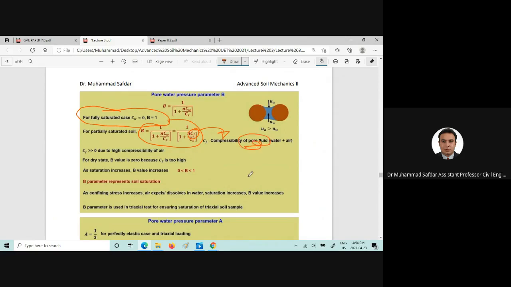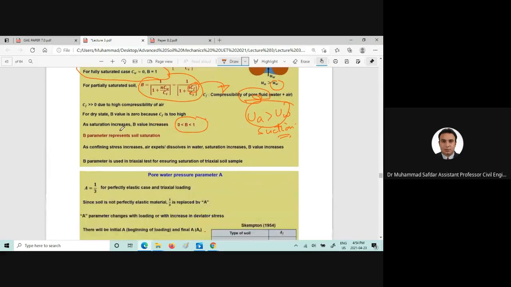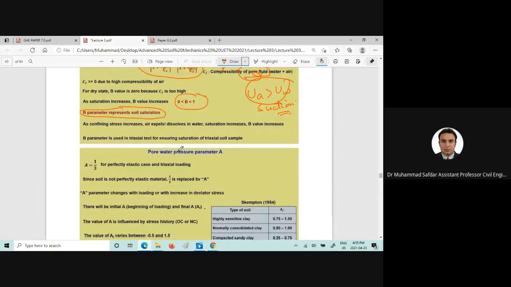But as the pore fluid is not completely saturated, there will be air pressure and water pressure, and when the air pressure is greater than the water pressure, then suction would occur, and that would cause the B value to be between 0 and 1. So basically, the B parameter represents the soil saturation condition, and it is used in the triaxial test for ensuring saturation of the triaxial soil specimen.